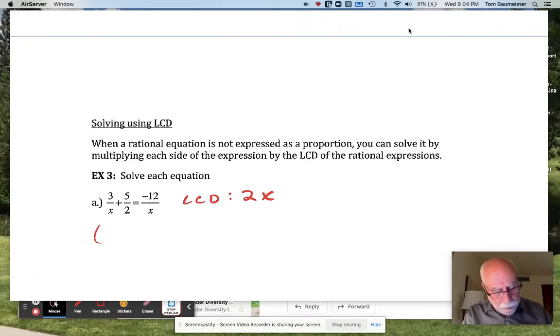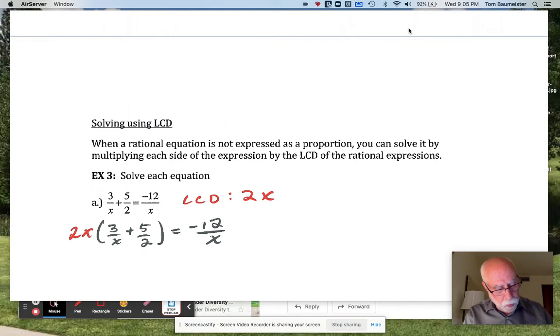So think about that. I'm going to take my 2X, and I'm going to multiply it to everything. Let me see. I'll go ahead and put it on both sides this time, just to show you.